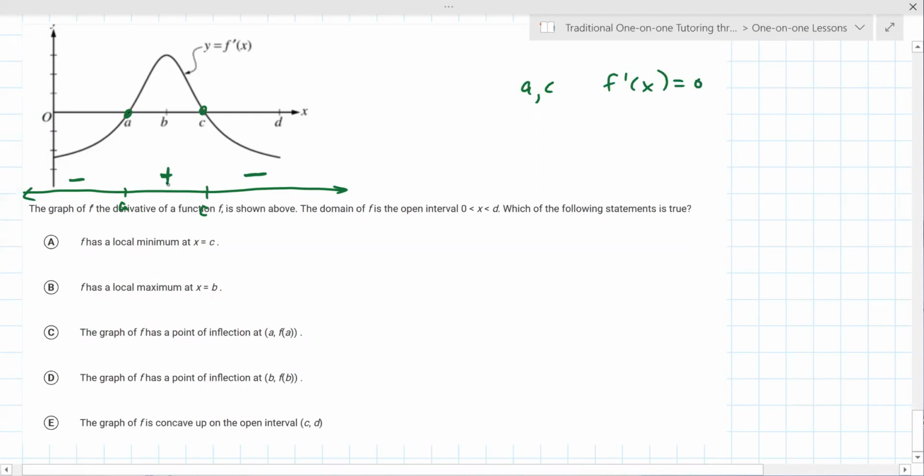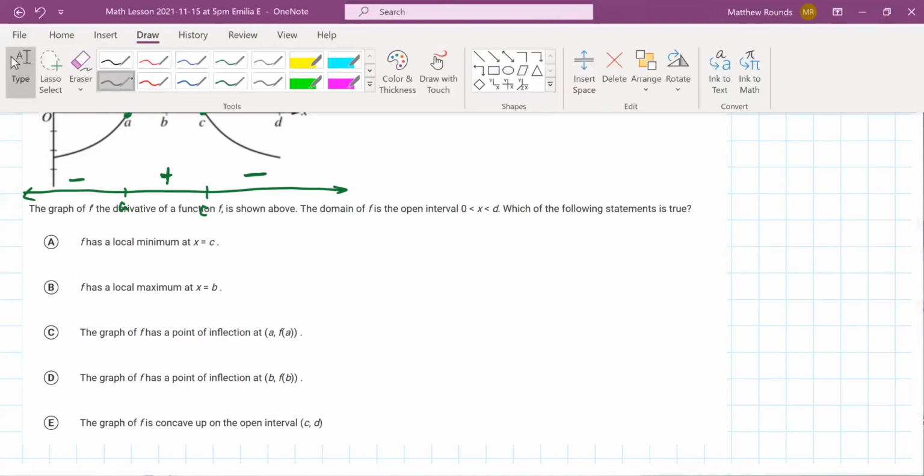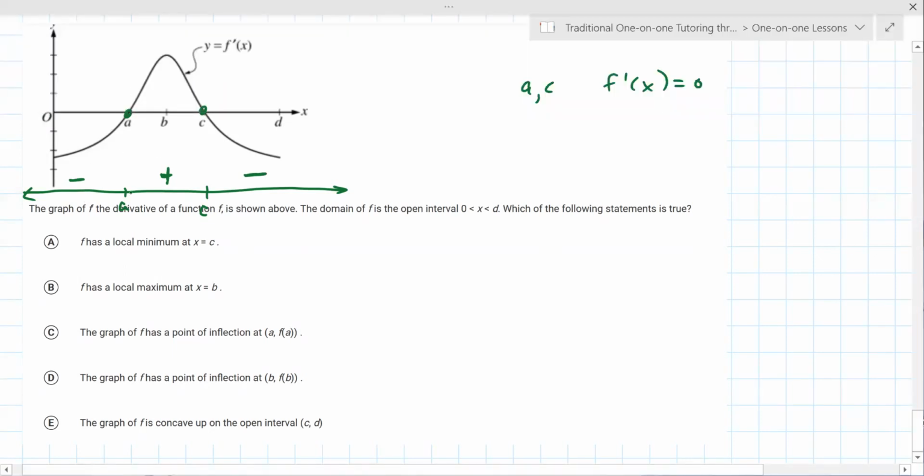And then at C, the original function is going up and then coming back down. So C is your max. These are the which of the following statements are true, so you've got to look at all of them. But it's good to know those things. So it's not A, because the min is at A, and it's not B because the max is at C. Okay, now we go to the other ones.